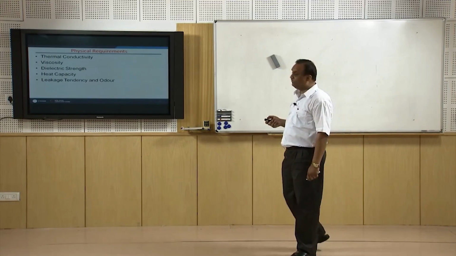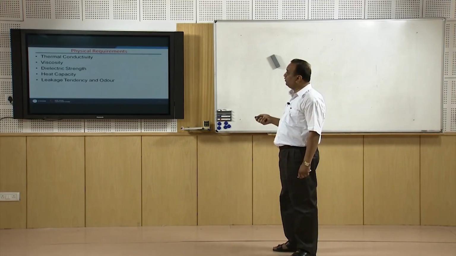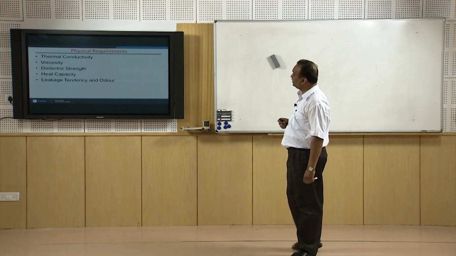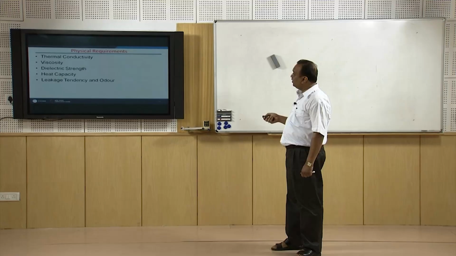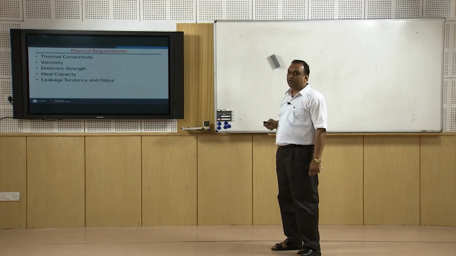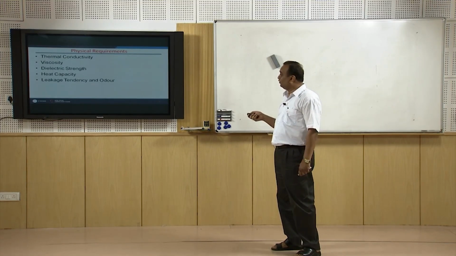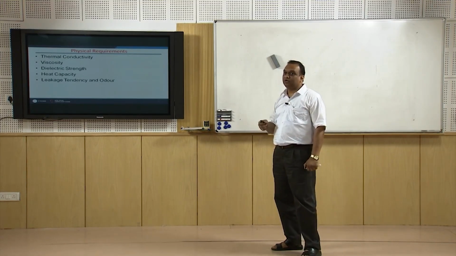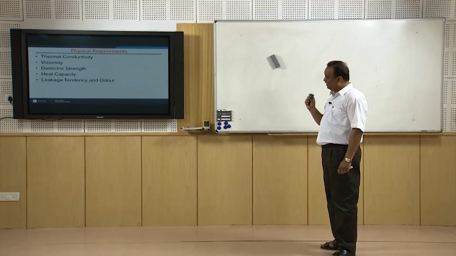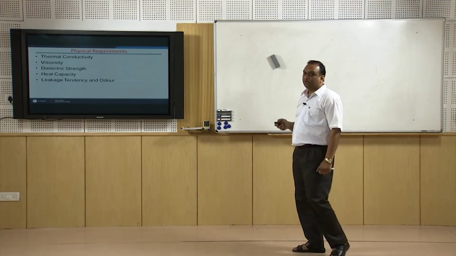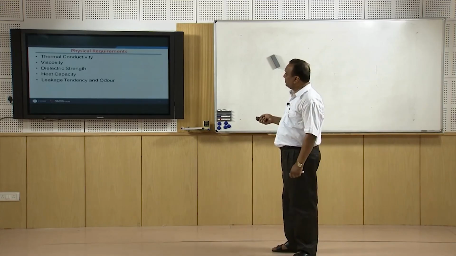It is the sensible heat capacity, meaning the value of Cp has to be as low as possible for a refrigerant. Leakage tendency should be minimum, especially ammonia has leakage tendency. And odor: it should not give any bad smell. Otherwise odor is good because through odor you come to know whether there is a leakage of refrigerant or not, but the refrigerant should not have any odor in an ideal case.